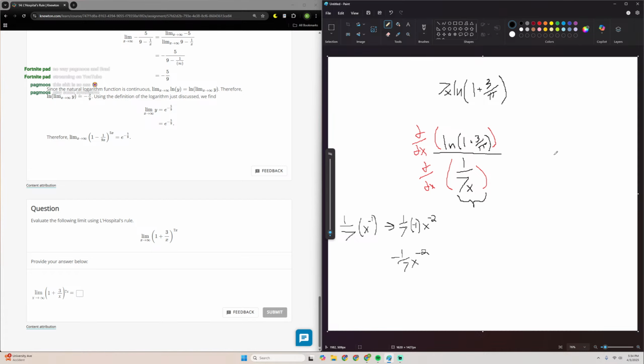The derivative of natural log is 1 plus 3 divided by pi. And then, what is this though? What the heck? Oh, that's x. Wow, I'm dumb. What the hell? Oops, just take all of this out. Oh, that too. Where the hell did I get pi? X, X, X.